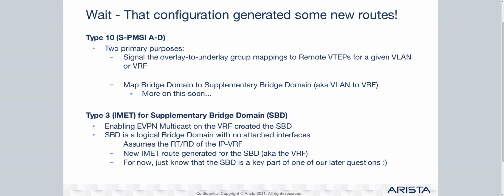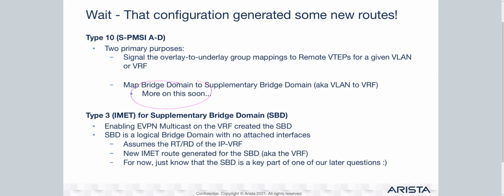Next, it's going to map bridge domains to what's referred to as the supplementary bridge domain, or the SBD. In other words, it provides the VTEPs with a way to map VLANs to VRFs, even if they don't have that VLAN locally present. So even if a VTEP doesn't have VLAN 10, it can use the type 10 route to understand which VRF this particular bridge domain maps to.